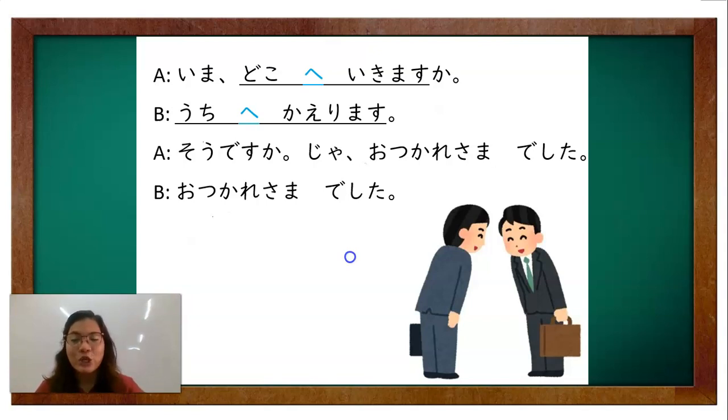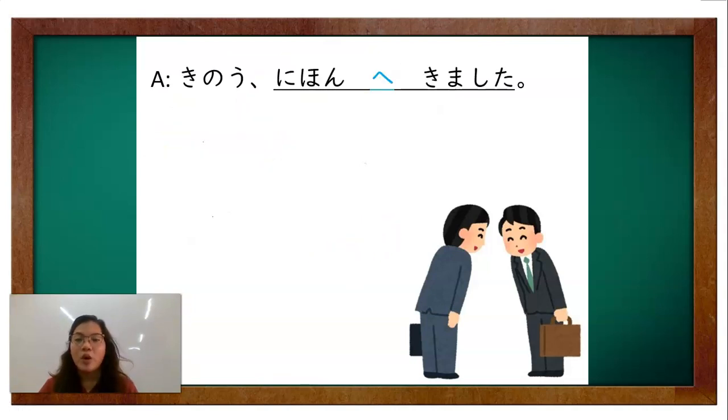I will be A and you will be B. Okay, let's start. Ima, doko e ikimasu ka? So desu ka. Ja, otsukaresama deshita. Again, the interrogative here is doko, and the place where he will go is uchi, so that's why it is in a particle e.